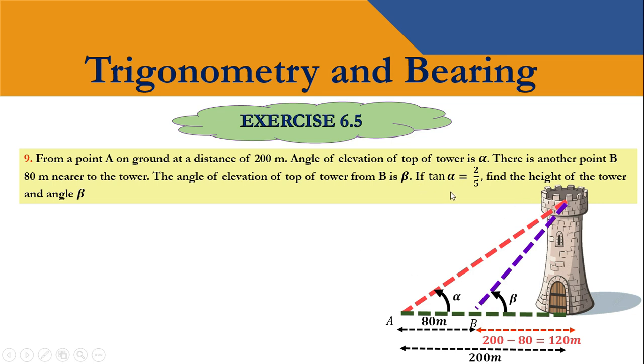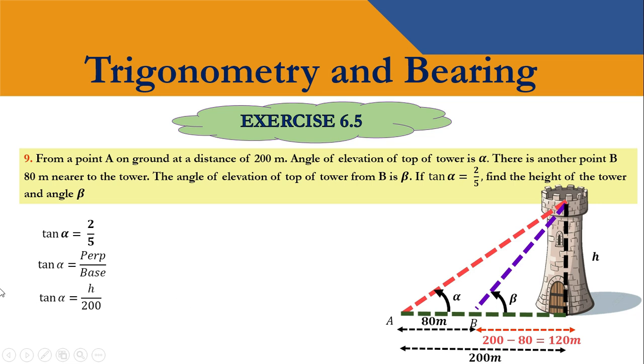Further we have the information that tan alpha is equal to 2 by 5. We have to find the height of the tower and the angle beta. Now to calculate the height we have the information of tan alpha, so we will solve the triangle which contains the alpha angle first. As we know, tan alpha is equal to perpendicular over base.